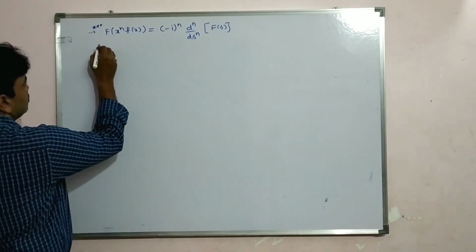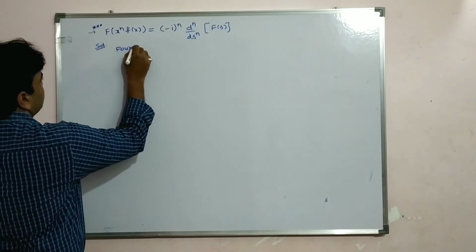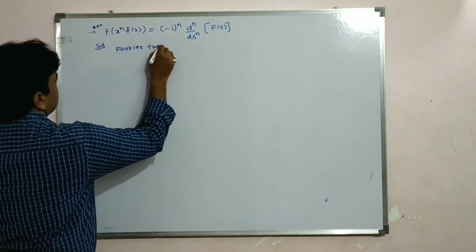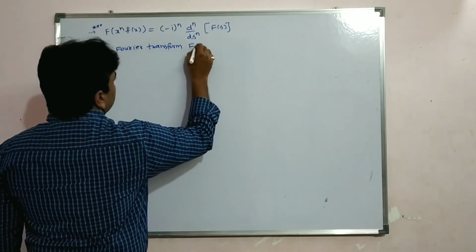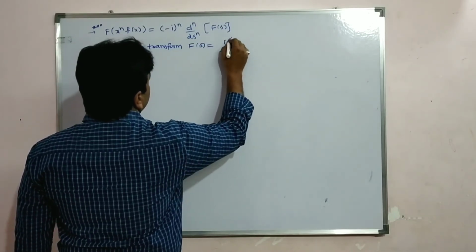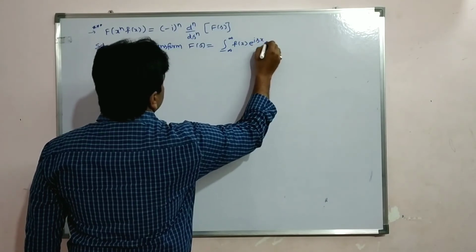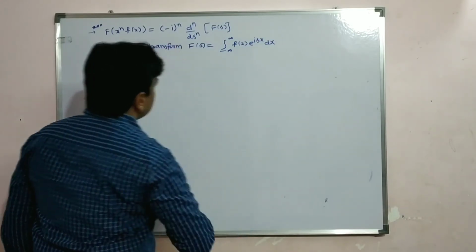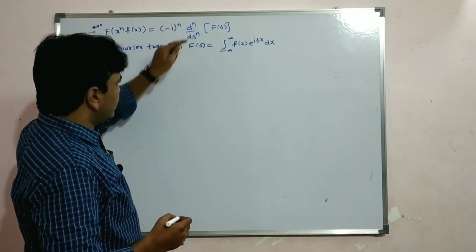So, solution: Fourier transform. What is the Fourier transform, students? F bar of s is equal to the integral from minus infinity to infinity of f of x e power isx dx. Now see, students, d power n by ds power n, so you differentiate.